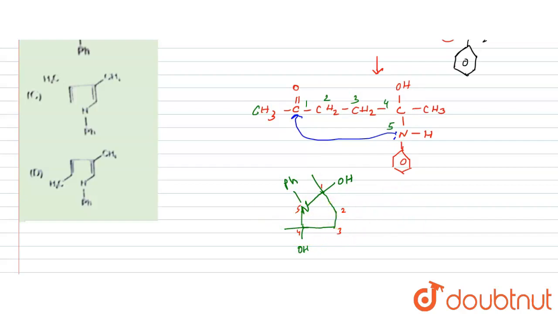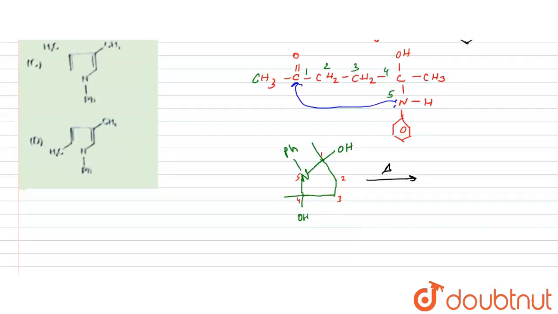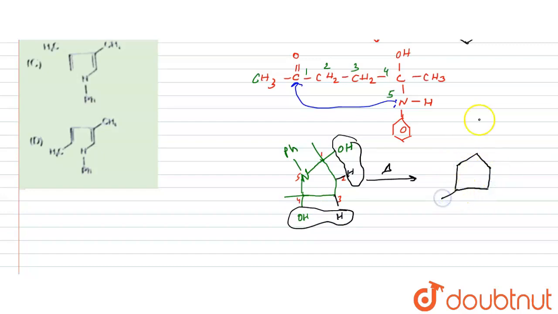Now what was asked in the question, it was given that after this heat was supplied. So when heat is supplied, elimination reaction is performed and water will be released. One molecule of water will be released from these sides, and finally the compound which you will get is like this. You have this 5-membered ring. Here one methyl group will be present. Here one methyl group will be present.